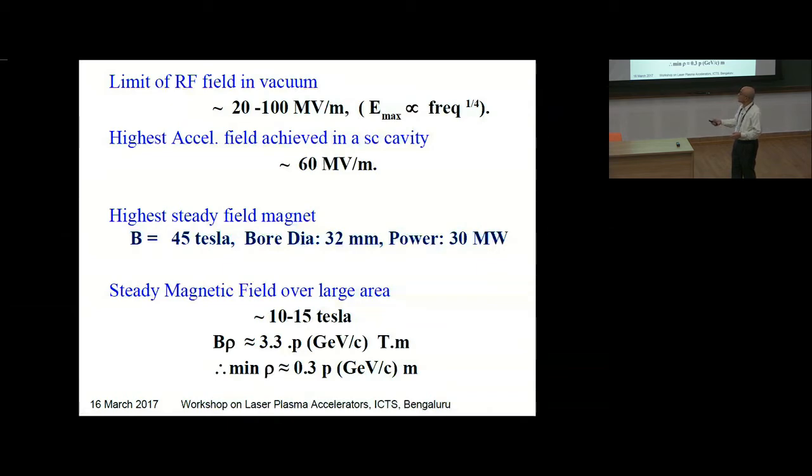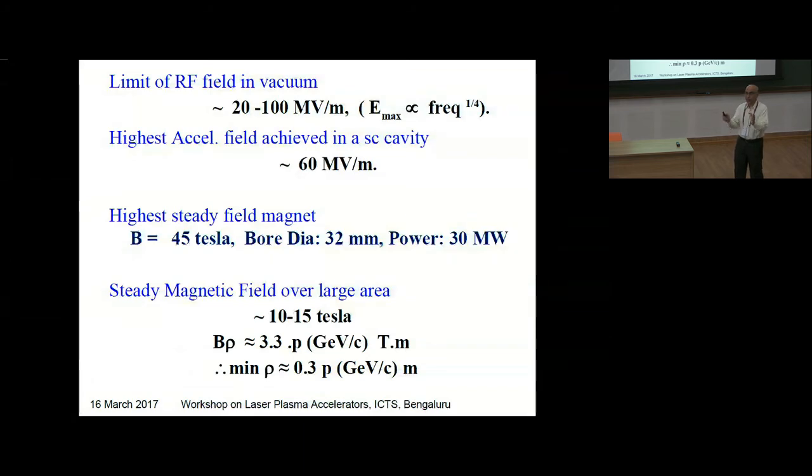And this gives you, again, if you are for a linear accelerator, this also gives you the limit. So 100 megavolt per meter, if you do, this is with niobium, the superconductor which is presently used today. And people are trying out various different superconductors, different types of coatings, and the properties of the material. Actually, the limitation on the highest field comes from the field emission mechanism.